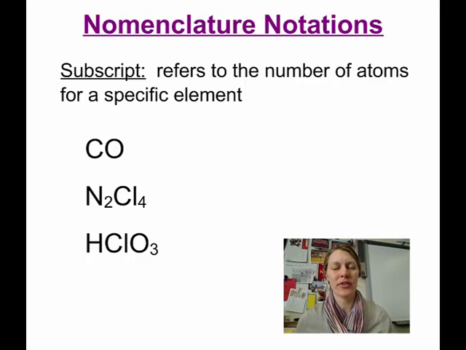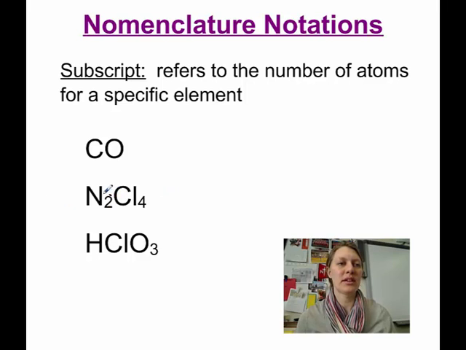There are two different notations that we want to consider. The first one is a subscript. The subscript is the smaller little number that is right after an element, and it refers to the number of atoms for that specific element.